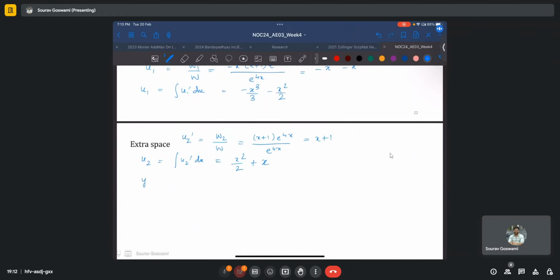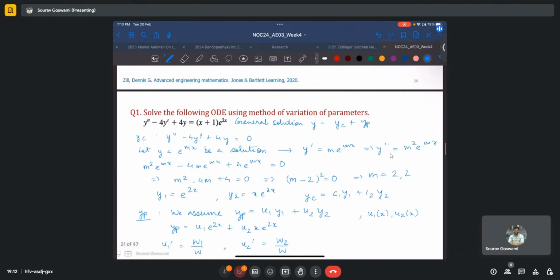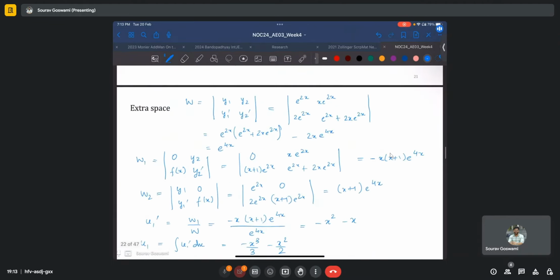Thus our particular solution is u1 y1 plus u2 y2, which is (minus x cubed by 3 minus x squared by 2) times y1, which was e power 2x, plus (x squared by 2 plus x) times x e power 2x.